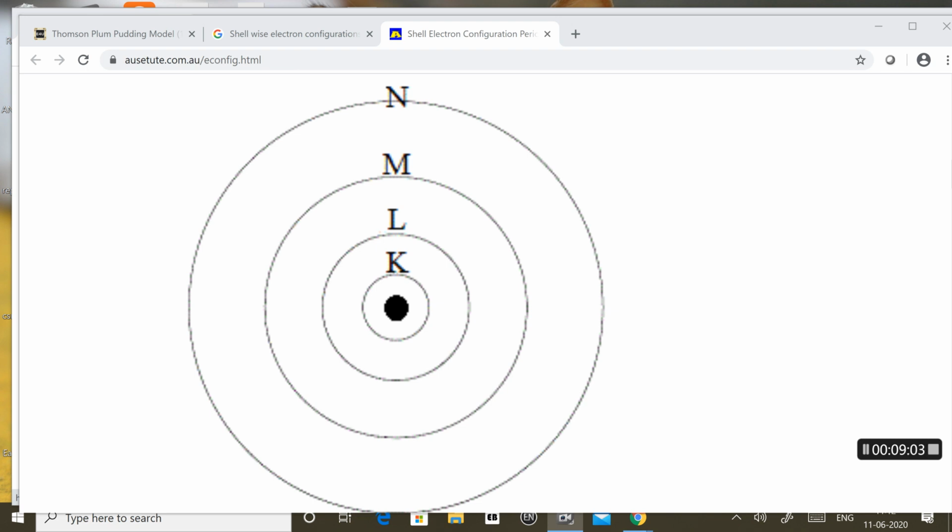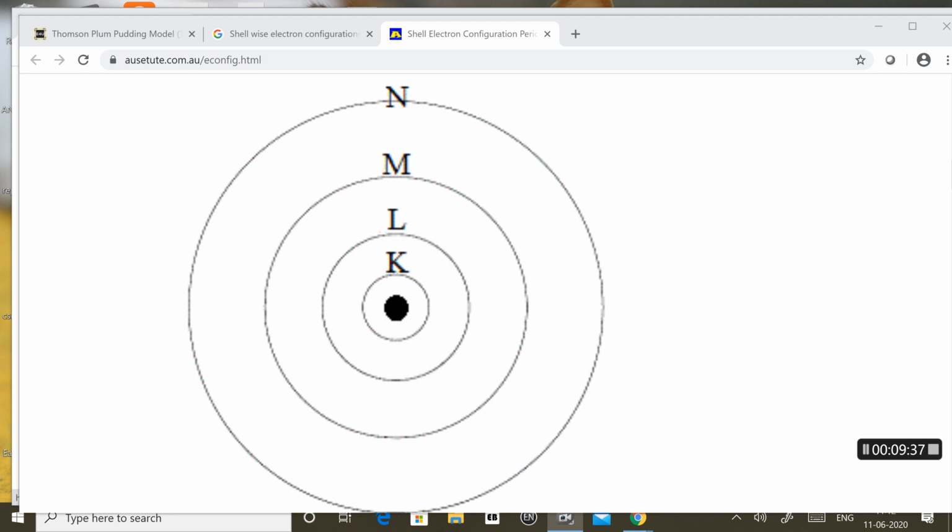There are 4 shells. They are called energy levels. They are K, L, M, N. And the electrons are filling in the shells in the increasing order of energy.